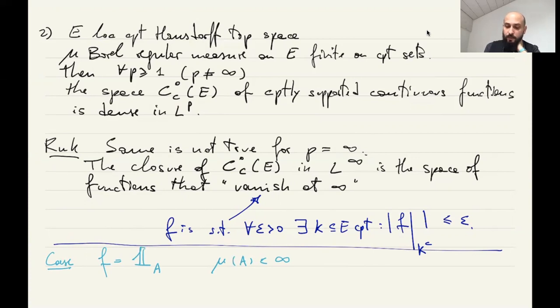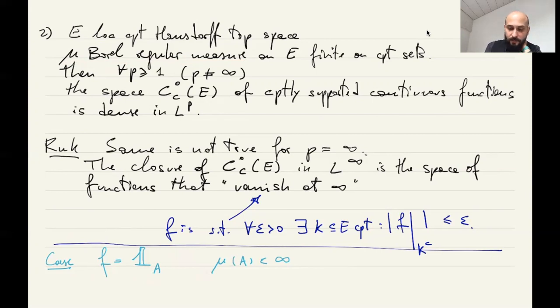But now we use two things. We use the fact that the measure is Borel regular, so we can approximate A with compact sets, and we use the Urysohn lemma that says that we can approximate the characteristic function of a compact set with continuous compactly supported functions.